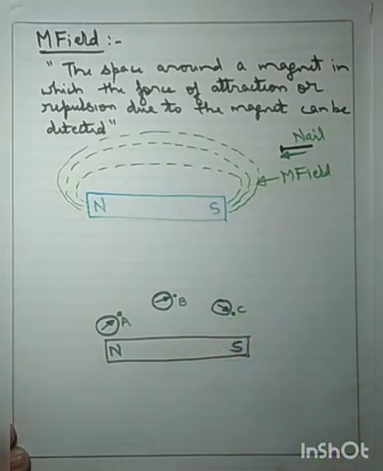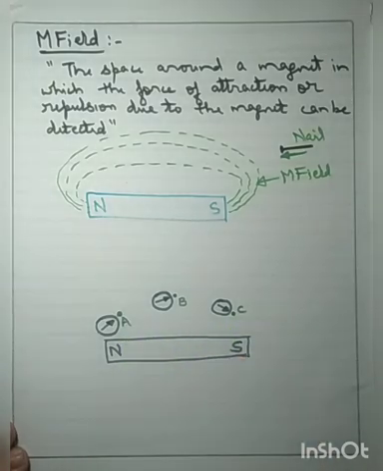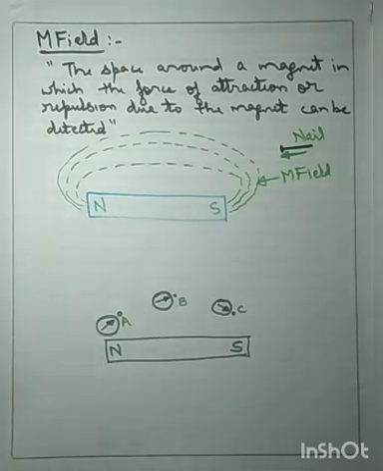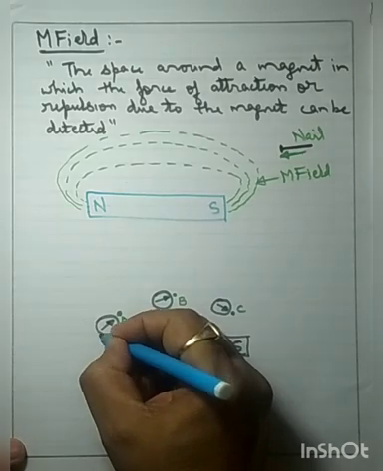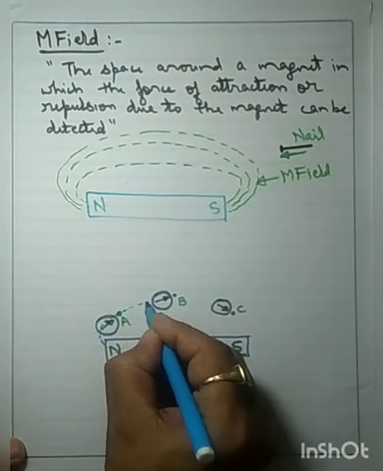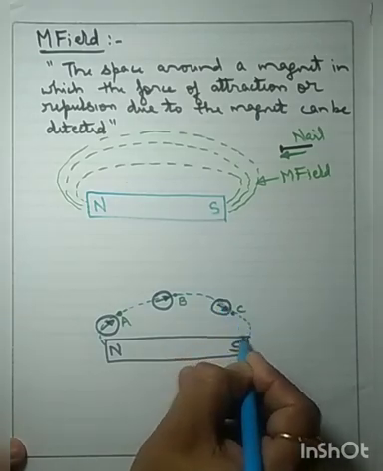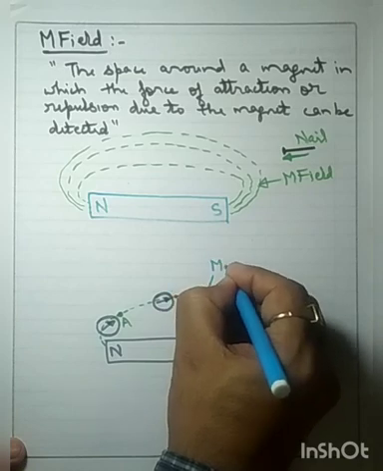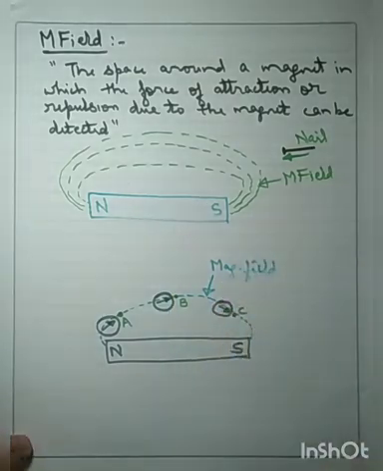Suppose this is C, and if we join these together, then we will observe that it comes in the form of a curve, and this curve shows the magnetic field.